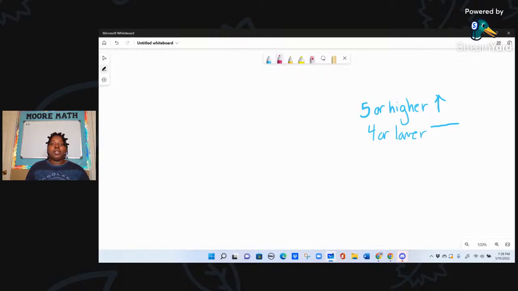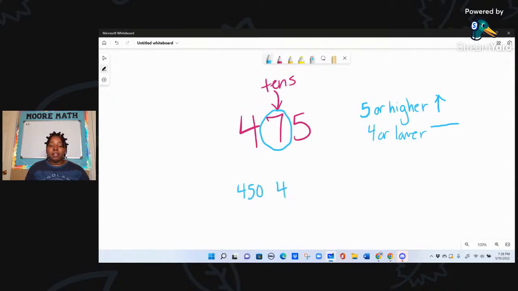Okay. I'm going to do one more where we round to the nearest tens place. Okay. This is the tens place. So this is the number we want to round. So now we're seeing which 10 is it closer to? Is it closer to 450, 460, 470, or 480?